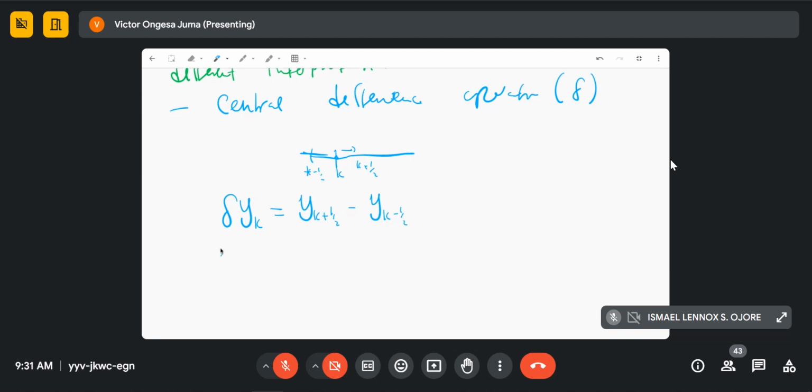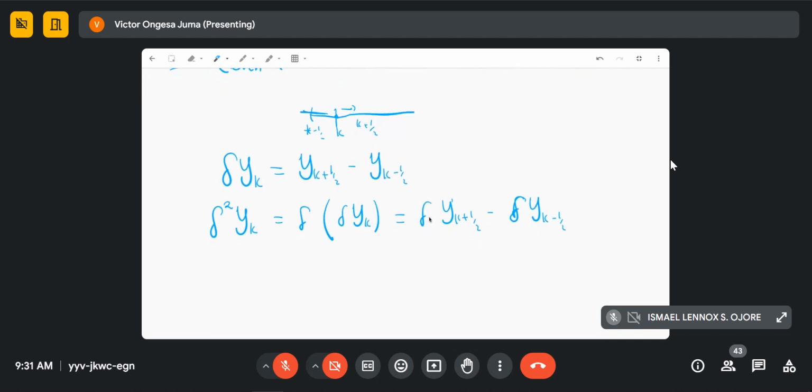And then we will see what this means. For example, what is delta squared of yk? This will mean is the central difference of the central difference of yk. That means is central difference of yk plus a half minus central difference of yk minus a half.